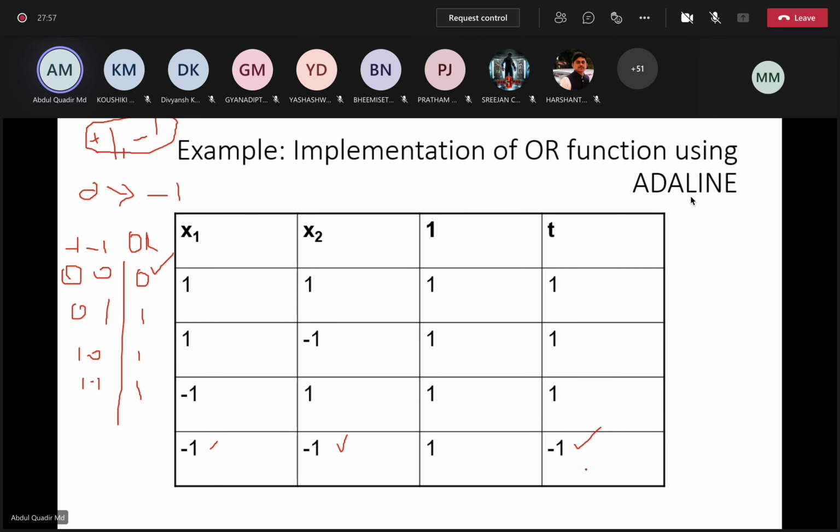Then -1 and 1, the target I am putting as 1. Then 1 and -1, I am putting as 1, and 1 and 1 is 1. Are you able to understand, students, what is happening here in bipolar inputs?